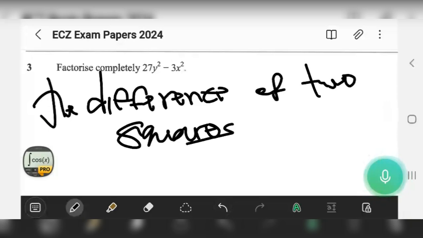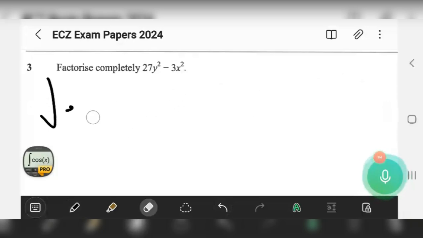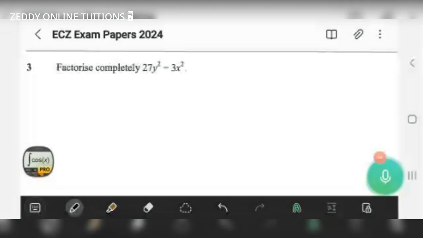I will explain this, but do you know what we call the difference of two squares? The reason why we call them the difference of two squares.